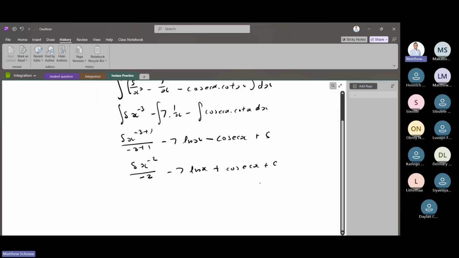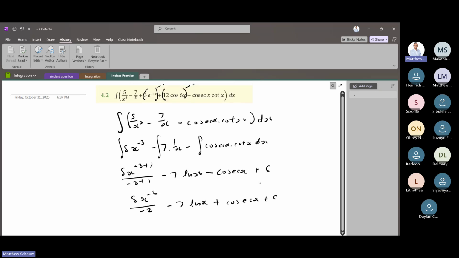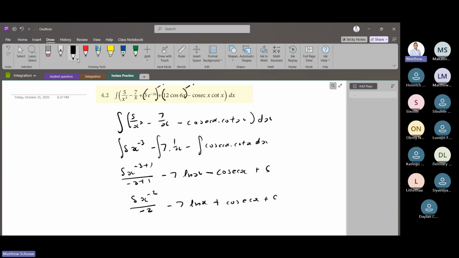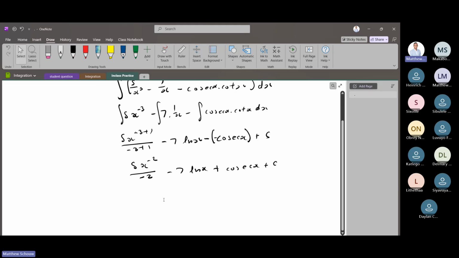Plus cosec. Thank you very much, that's correct. Let me just come in here quickly. It'll look like this. So let me just remove this over here. So it's minus cosec. Is it fine? Something like that. Yes. Perfect. And obviously you can make this a positive exponent as well. So you can say 5 over negative 2x squared. You can have it like this as well. Both of them are mathematically correct.